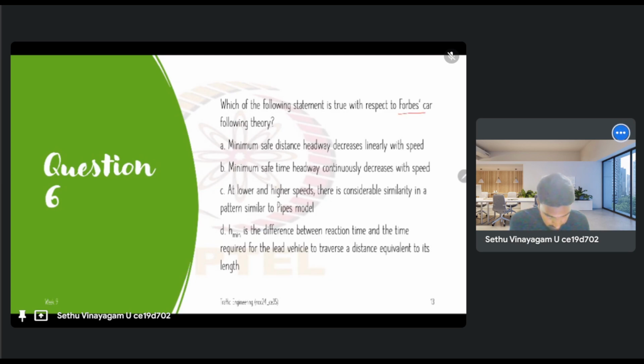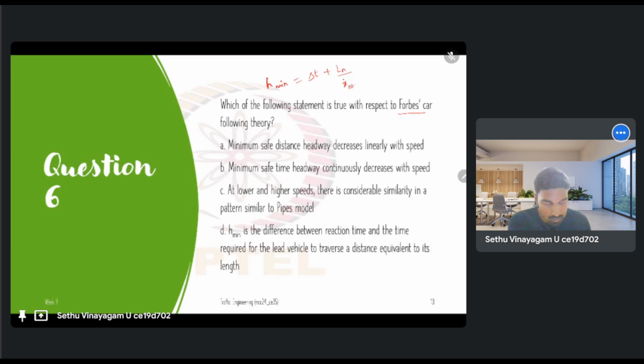In the Forbes model, what do we have? We model the minimum safe time headway that is required. That is given as the summation of the reaction time delta t and the time taken to cover one car length at the follower's speed.